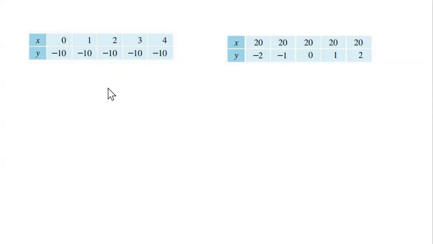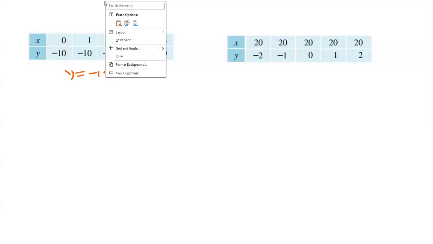So for the first one, that's going to be y is equal to -10, right? Because the y value is always the same. So the equation here is y equals -10, because no matter what value you give me for x, the y value is always -10, okay?